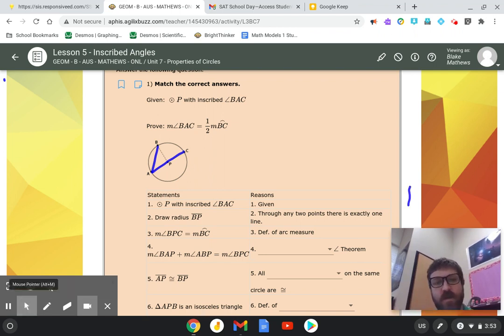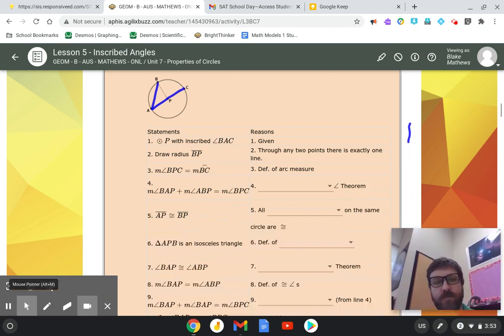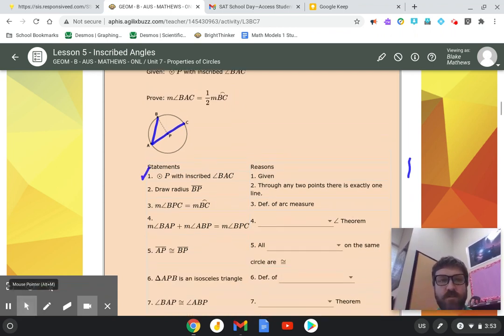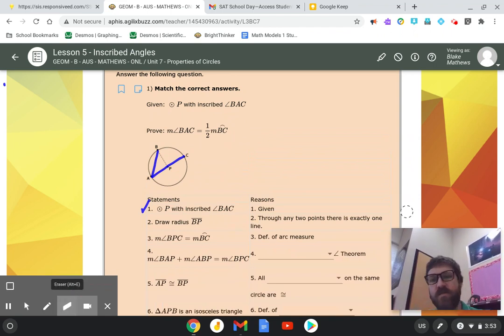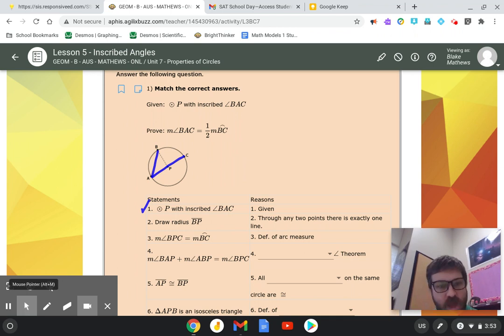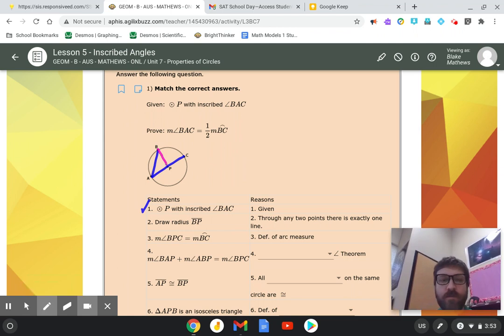So they have our givens. We have statement 1, that's a given. It says that circle P has an inscribed angle of BAC. And then it says draw radius BP. So they've added this radius right here to create a triangle. You can see that.